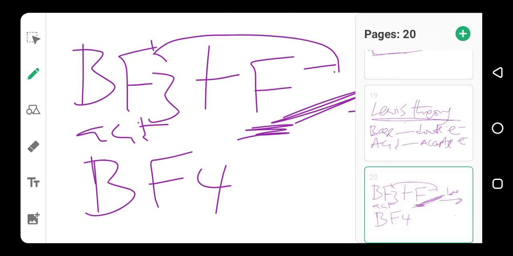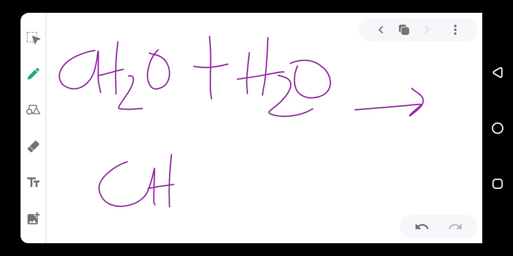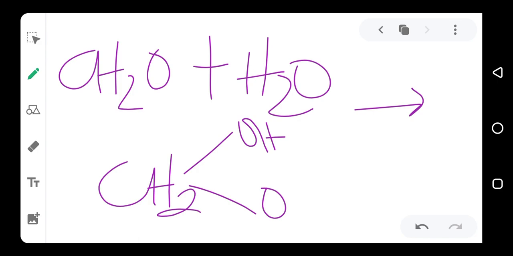Another example is when we have CH2O plus water. Now this gives us CH2OH.